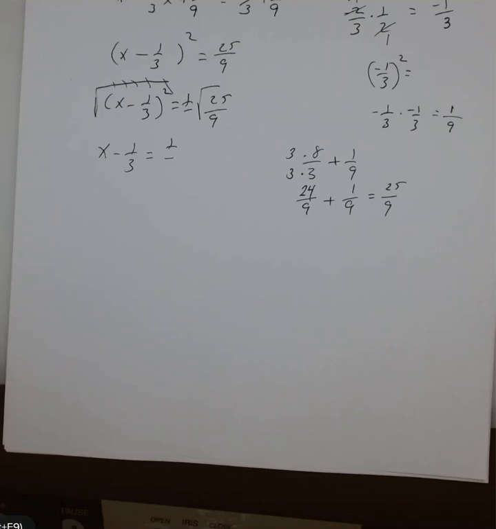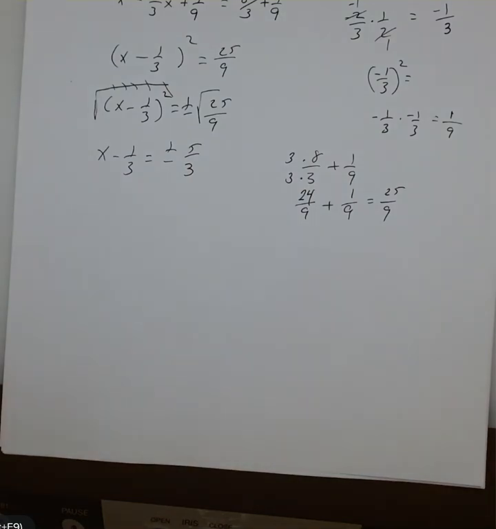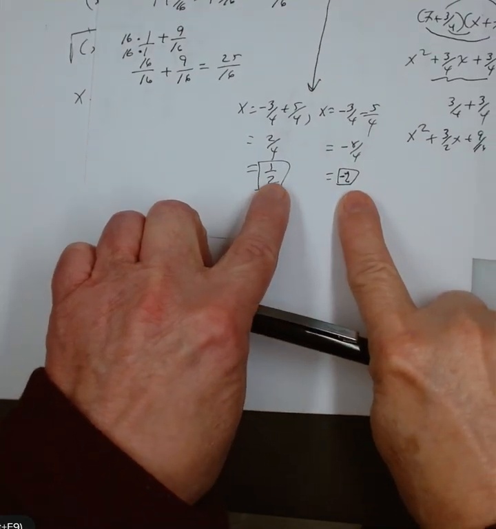What's the square root of 25/9? 5/3. And then that looks like the previous problem. 1/3 and 5/3 are rational numbers, so you are expected to simplify this until you get fractions like this.